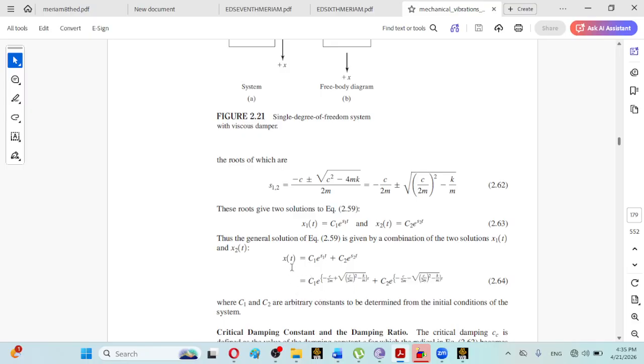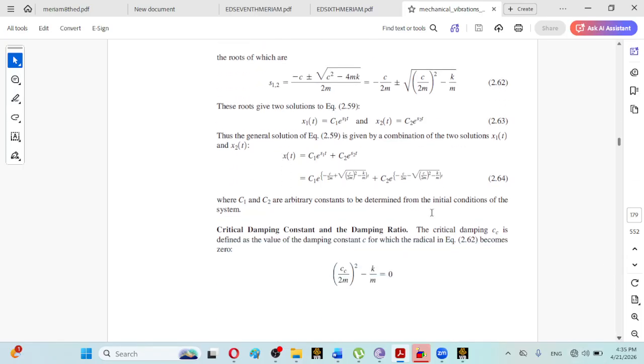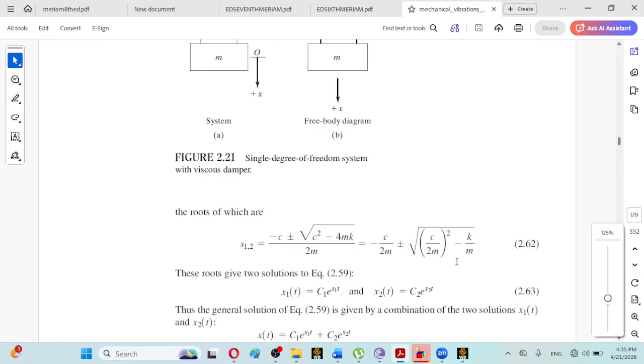So using the linearity principle, the solution obtained at the initial level is c1 e^(s1 t) plus c2 e^(s2 t), equation 2.64, as you can observe here.